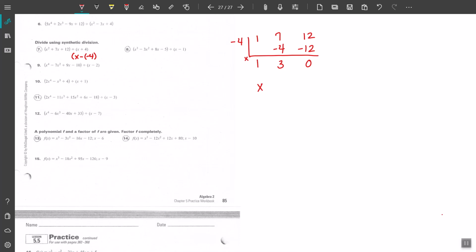What I divided by over here was an x squared, so it's going to be 1 degree less than that, which is an x in this case. This is a positive 3, and I don't have a remainder. So the quotient for this problem is x plus 3. Again, if I took x plus 3 and multiplied it by x plus 4, I would get what I started with, this trinomial. So I essentially just factored it as well as finding the quotient for this problem.